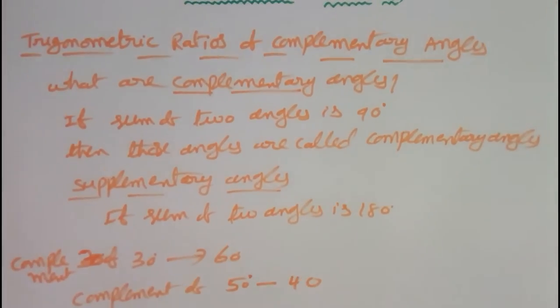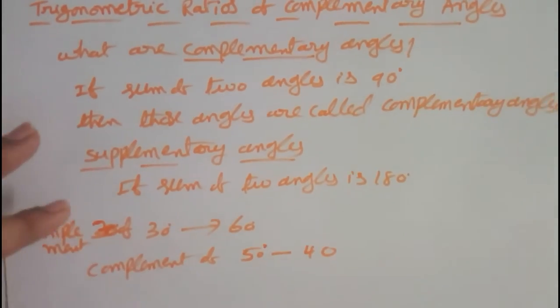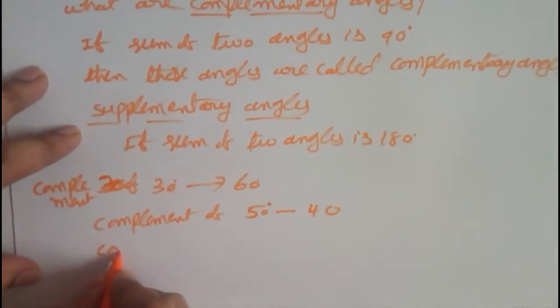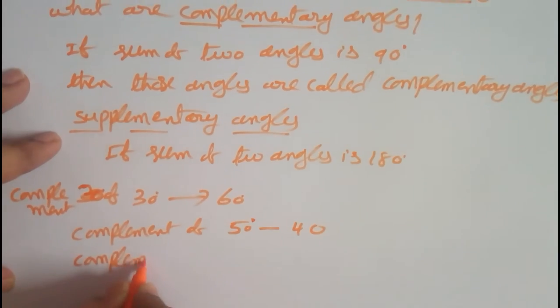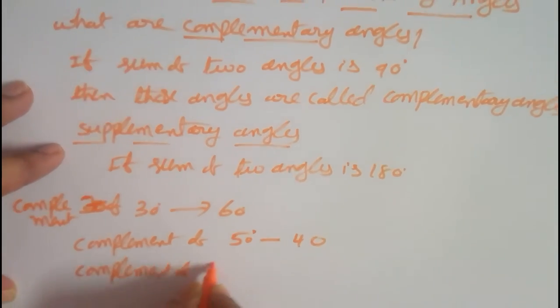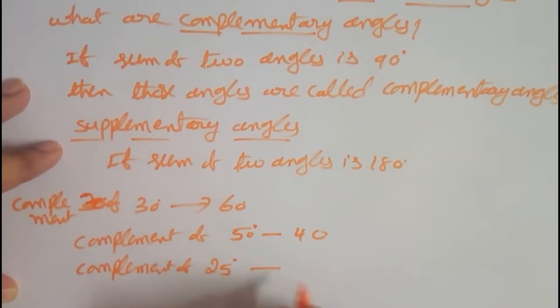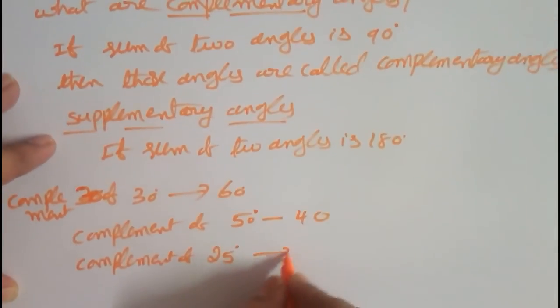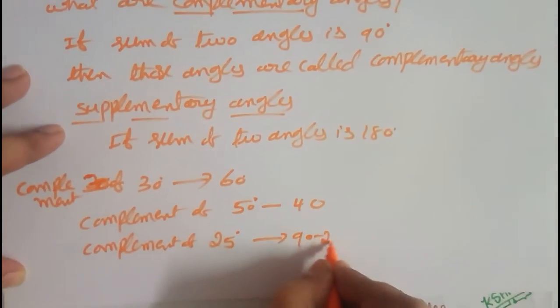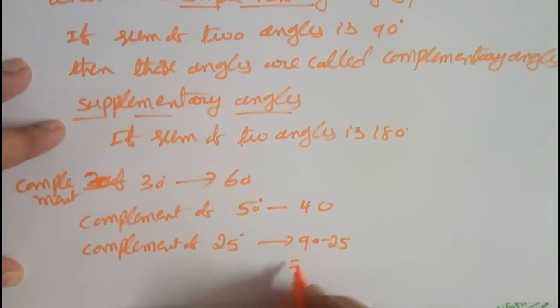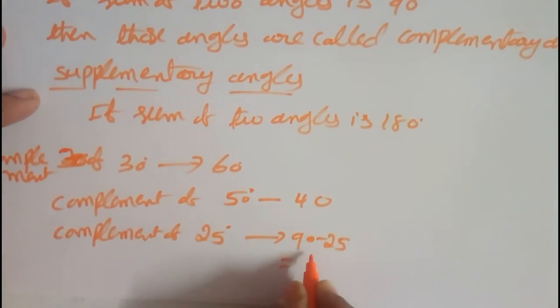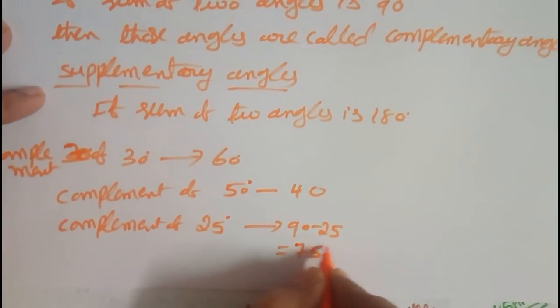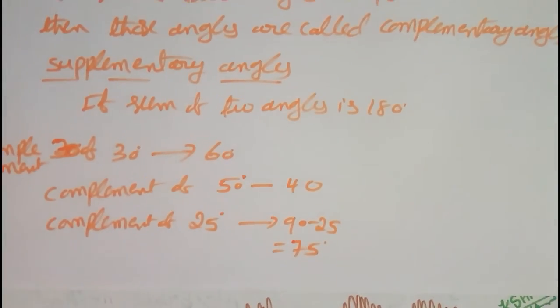What is the complement of 25? 90 minus 25 is equal to 75. So like this you can find the complementary angles.